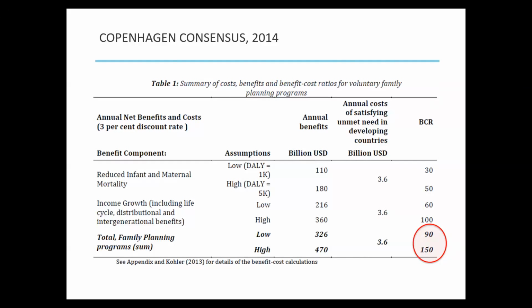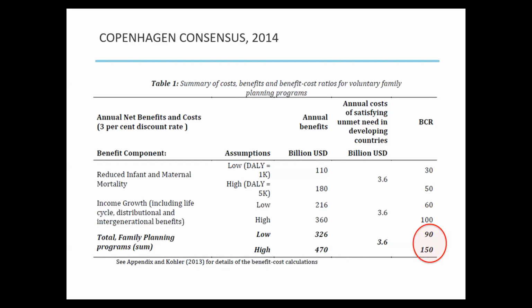So you know, if you were paying attention closely, that this cost more recently, in 2017, has a very different estimate. It's now almost 6 billion, but in 2010, this was the best estimate that was available. And so the cost of meeting all unmet need annually in developing countries was 3.6 billion.